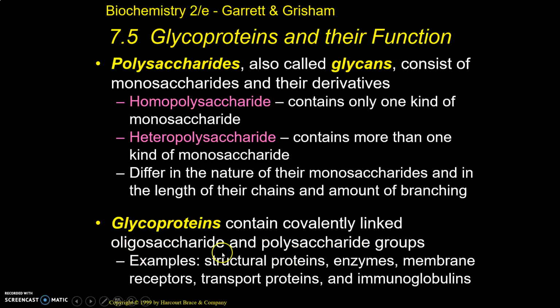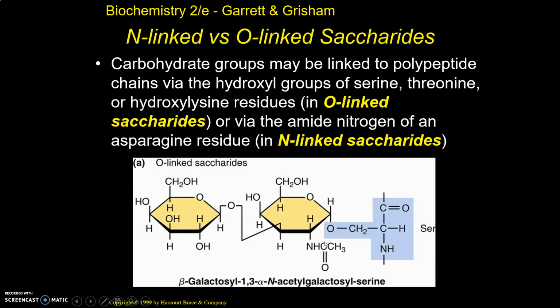Sometimes they can be the smaller chains. They can be oligosaccharides. And we find these in structural proteins, enzymes, membrane receptors, transport proteins, immunoglobulins, all sorts of stuff. So what we're talking about here is a protein that is attached covalently to some sugars.